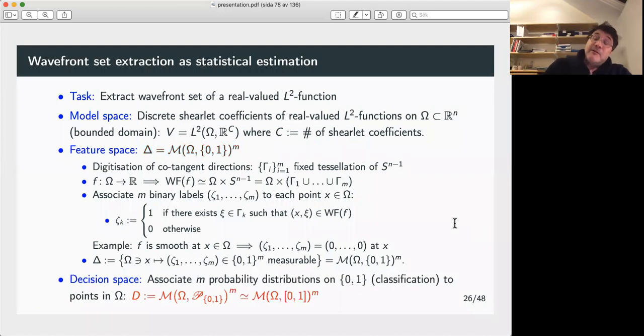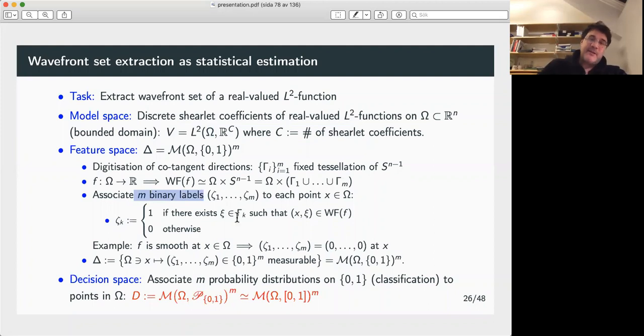But now, remember, the whole concept of trying to find one such wavefront set was a bit futile because of this lack of clairvoyance. So the decision space is actually not an element here. It's a probability measure on these things, right? So I'm mapping each point in omega, in the image space where the image is supported, to a probability measure over these binary labels.